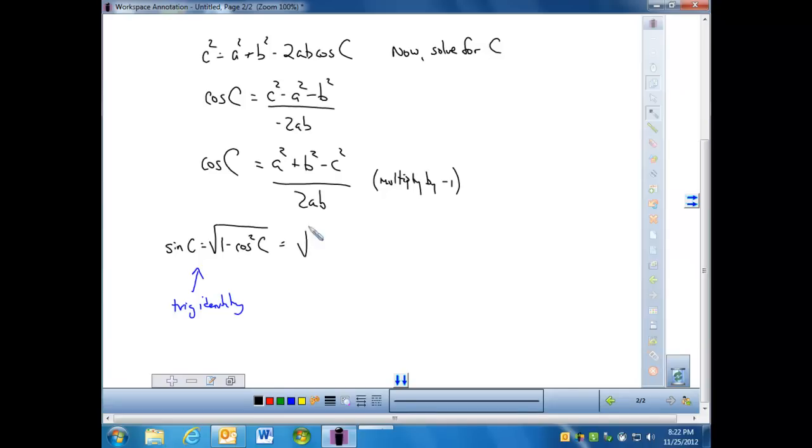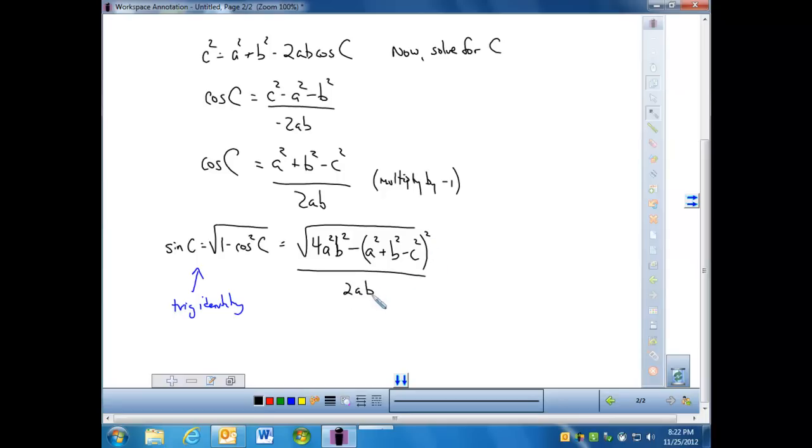And so now I can rewrite the sine of c as the square root of 4a squared b squared minus, in parentheses, a squared plus b squared minus c squared, squared, all over 2ab. If you're having a hard time understanding that, go through that and work that out.